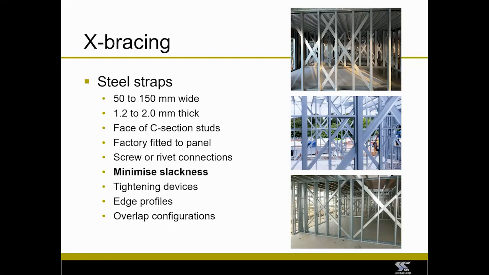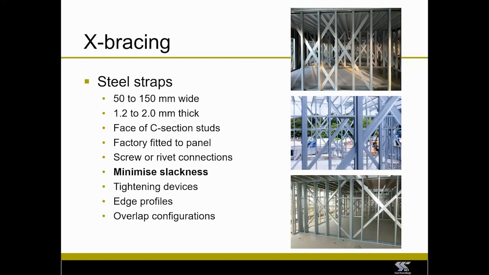Obviously, because it's flat, it only has resistance when subjected to tension. It has no compression resistance to speak of. So we want to make sure that it's installed as flat and as taut as possible, because the panel will deflect slightly to take up any slackness, and therefore you'll have additional movement if you do have excessive slackness.